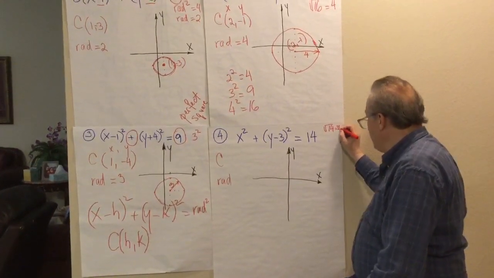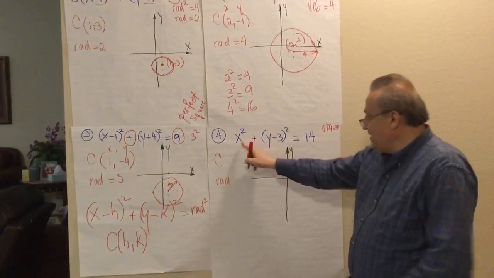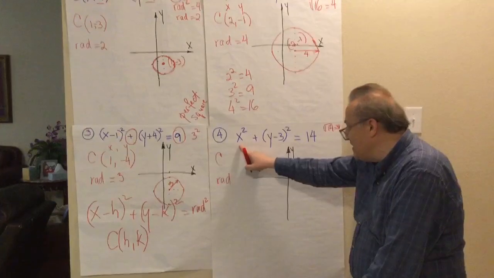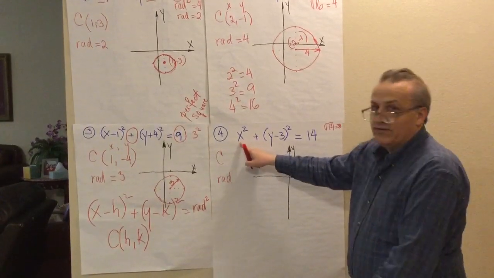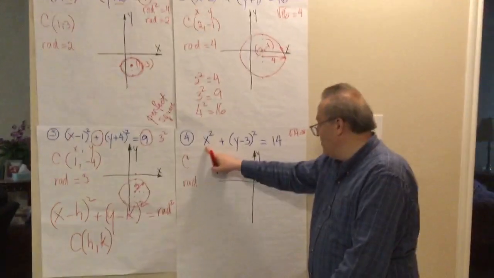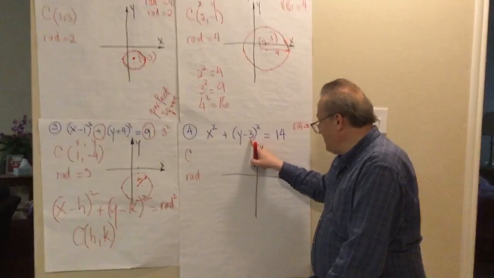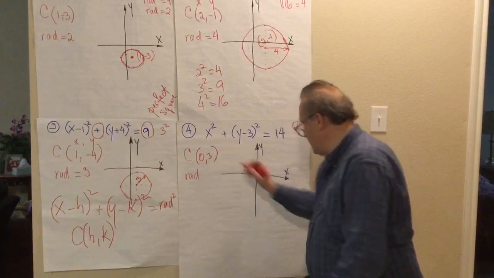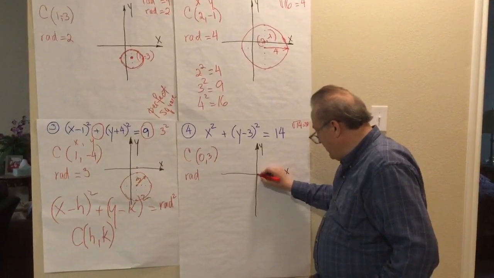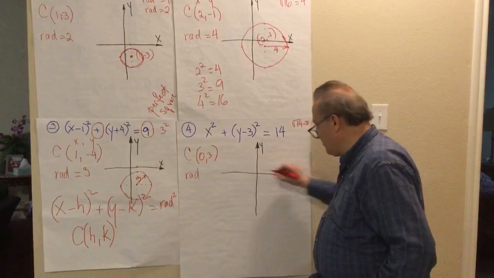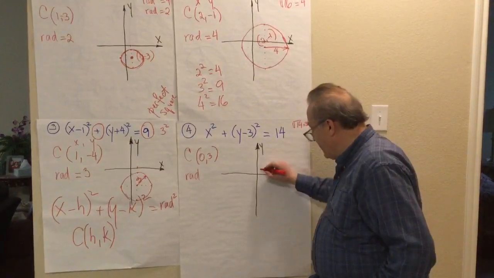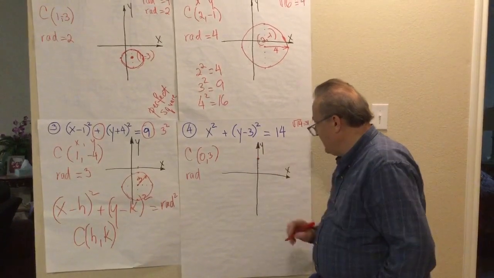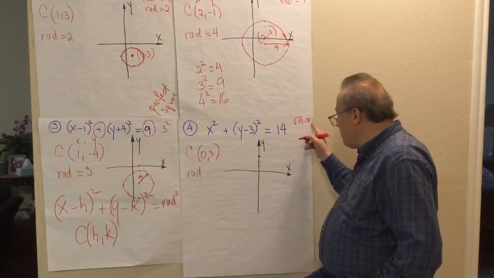So if it's 3.8, from the center, I have nothing in parentheses here, there is no parentheses, therefore I start right at 0. And here is negative 3, it'll be positive. So 0 for the x, I don't go right or left. I go just up 3. And then my radius is 3.8.